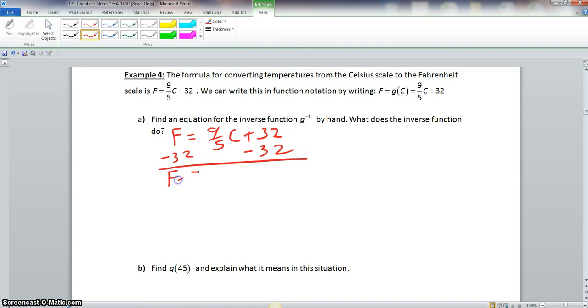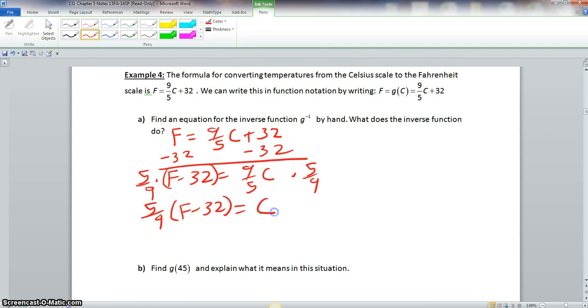So we will have F minus 32 is equal to 9/5 times C. Now we will multiply each side by the reciprocal of 9/5, which is 5/9, because remember, we're still trying to get C by itself. So we have 5/9 times the Fahrenheit minus 32 is equal to C.